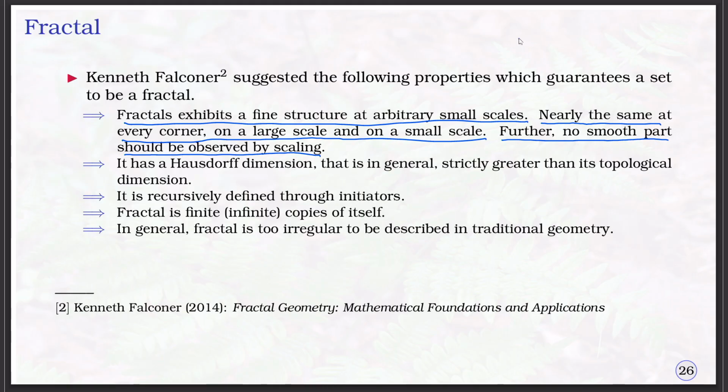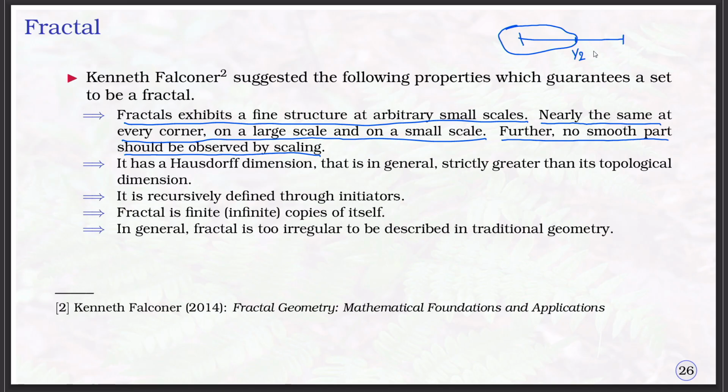For example, if you take the unit line interval, and consider this as the midpoint, then if you break it by 1 by 2, this part and this part are exactly similar to the unit interval, whereas whenever you zoom in and zoom out, this object has smooth parts, whereas in fractals, which have the self similar property, if you zoom in and zoom out, you will not find the smooth part.